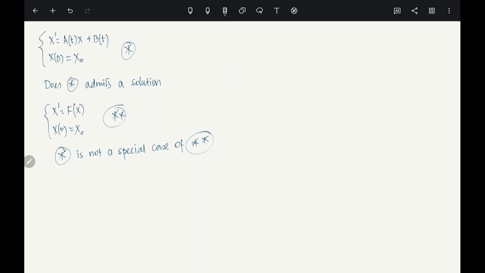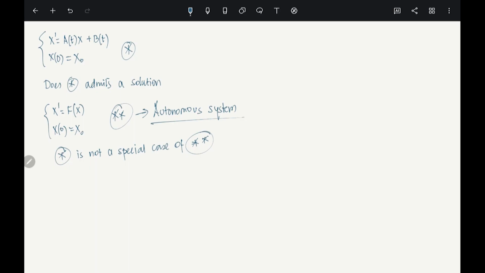The Picard existence and uniqueness theorem, which I did, is for systems which look like double star. We call this sort of system an autonomous system, and autonomous systems are fairly easy to work around.